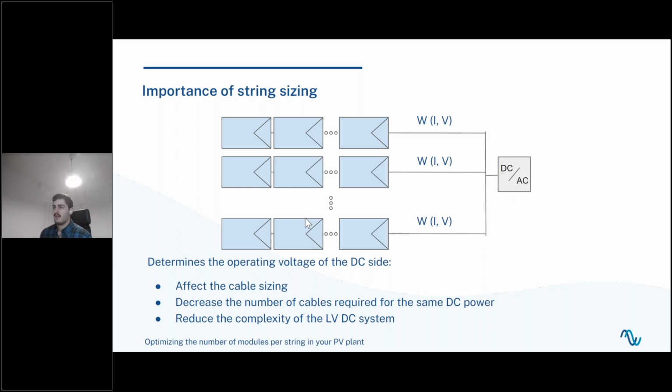That being said, we can conclude, from the DC side perspective, if we are not considering anything else, that if we increase the number of modules per string that we are connecting, we will have less complexity in the low voltage DC system, and the DC system will be better defined.